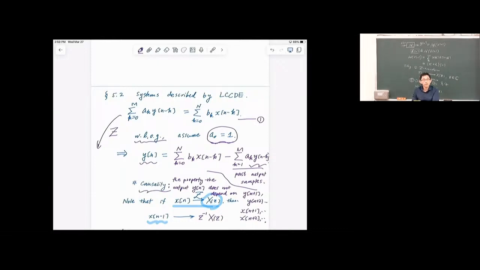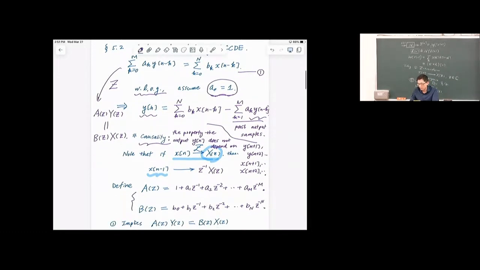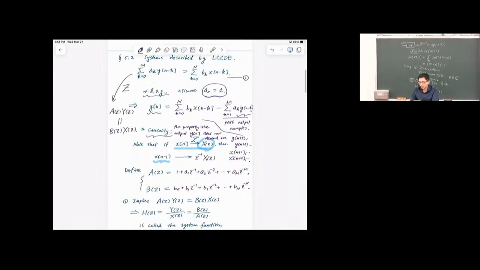What happened? I hope it becomes clear to you that on the left-hand side, we have A of Z, Y of Z. And on the right-hand side, we have B of Z, X of Z, because that's the way we define A and B.